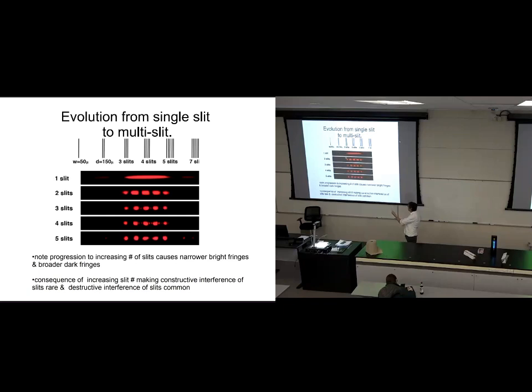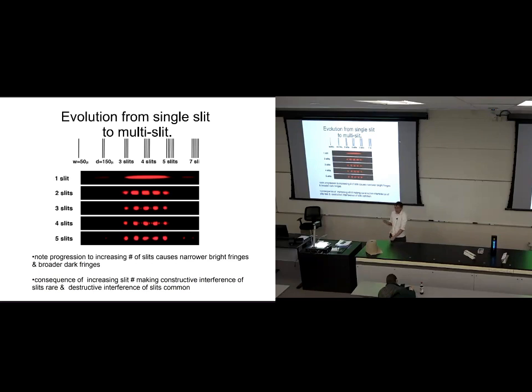This is the pattern for 2 slits. Remember, that was also bright and dark fringes, and we had an equation for those bright and dark fringes, but this is the 2 slit pattern. And then this is as you go to 3 slits, 4 slits, 5 slits. Now, lots of complicated things happen as you go to 3, 4, 5, and more slits.